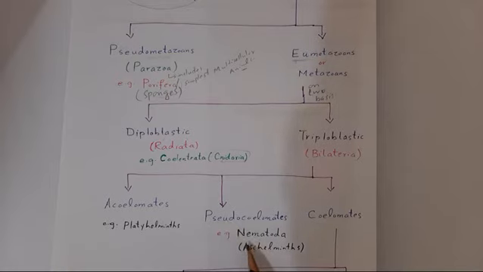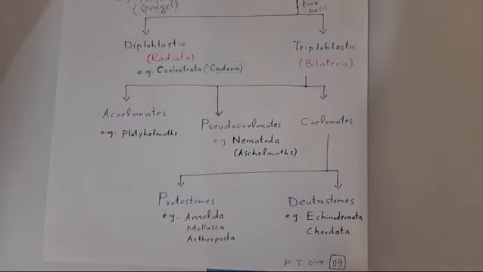So on the basis of the type of body cavity, the triploblastic animals are divided into three groups: acoelomates, pseudocoelomates, and coelomates. Example of acoelomates is phylum Platyhelminthes. Example of pseudocoelomates is phylum Nematoda or Aschelminthes, right? And the third group is coelomates. Now look into the diagram.